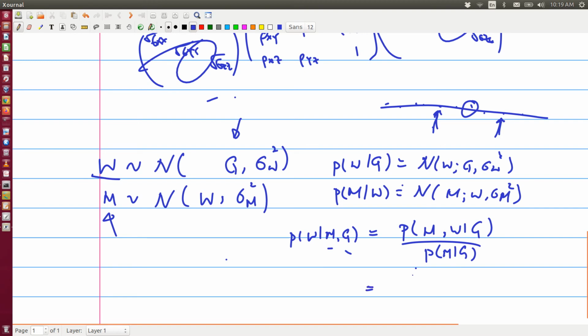Then this is equal to P of M given W multiplied by P of W given pi.